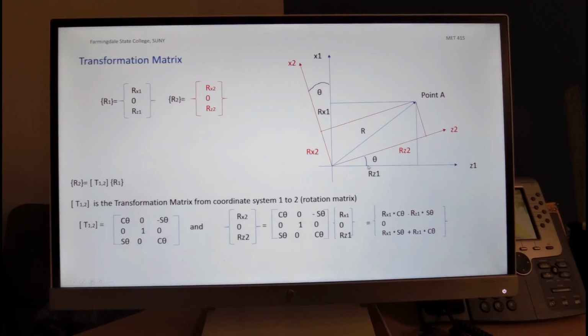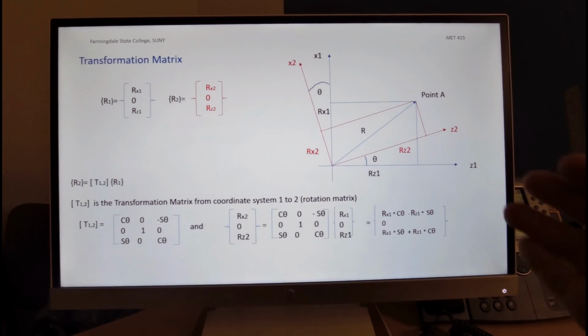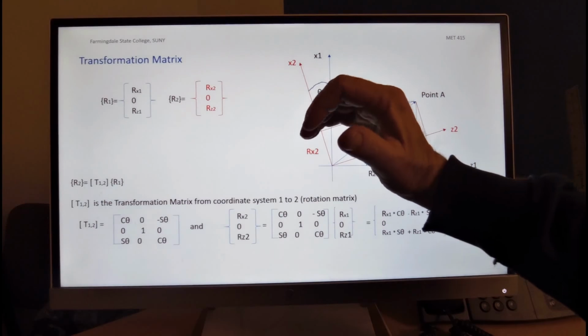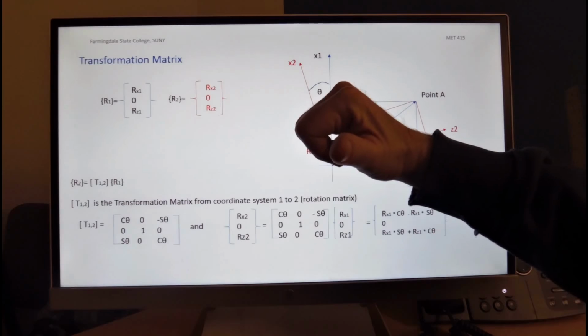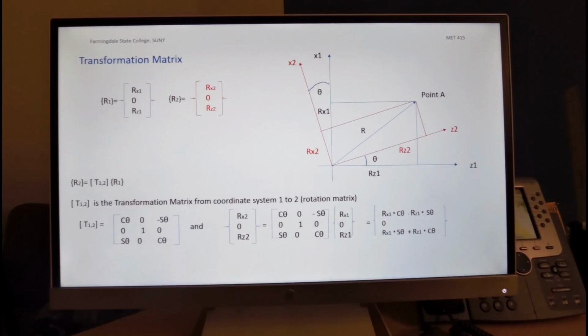You see that the positive rotation of the second coordinate system with respect to the first one is in this direction, and we find that out by using the right-hand rule: going from z1 to x1, my thumb will point in the positive direction of the axis of rotation, which is y1.